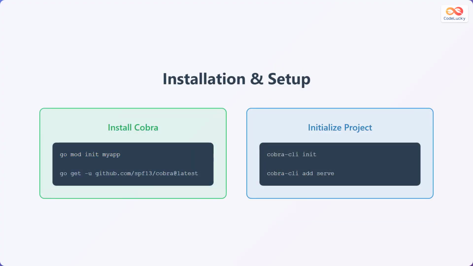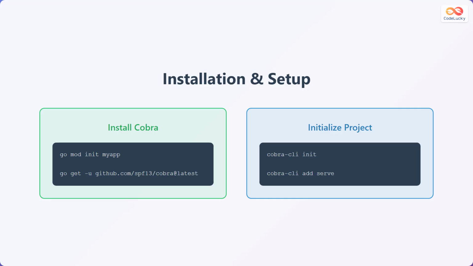Getting started with Cobra is straightforward. First, you need to initialize a new Go module for your project using the go mod init command followed by your application name. Once your module is set up, you can install Cobra using go get with the GitHub path, github.com/spf13/cobra@latest.